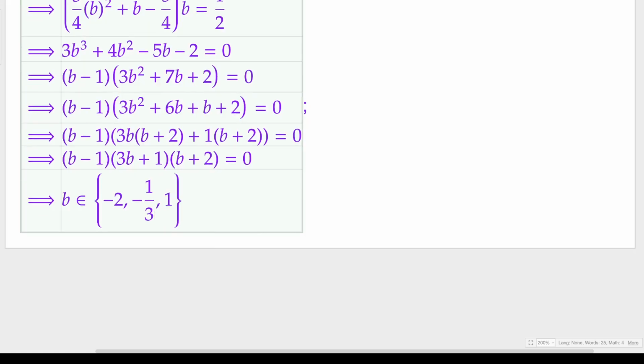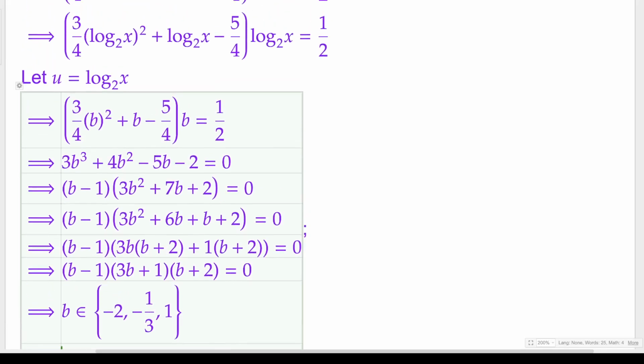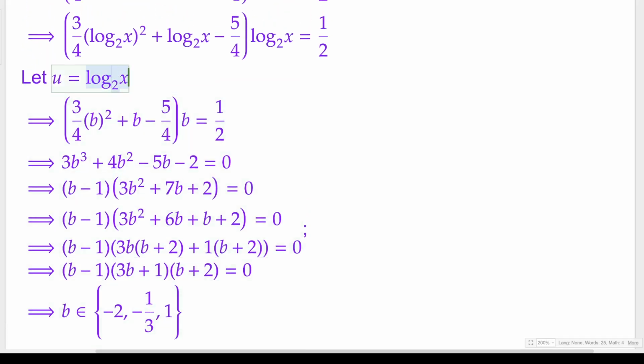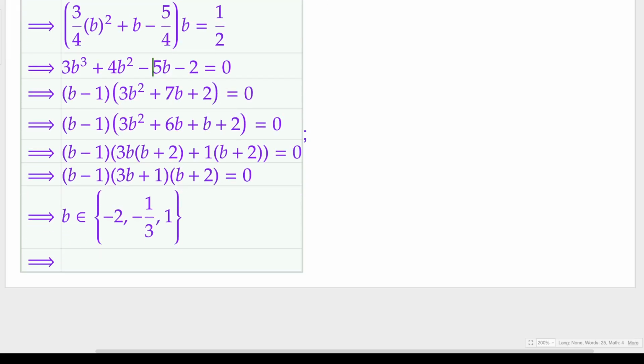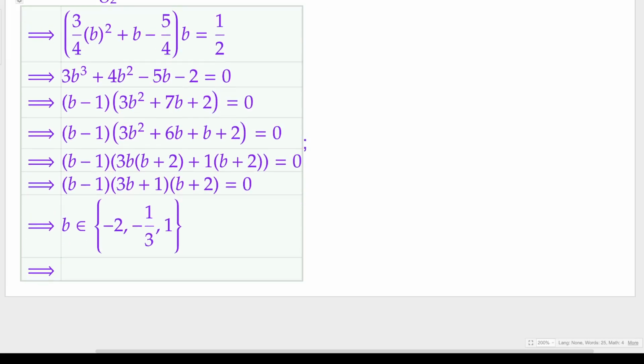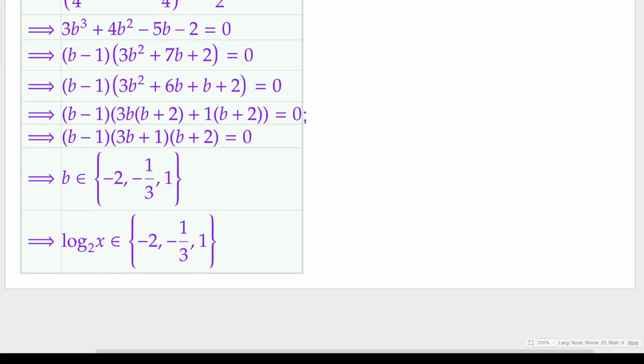So essentially here, instead of b we can write log x base 2, right? I have considered b actually, instead of u. So here this b can be replaced by log base 2 of argument x.